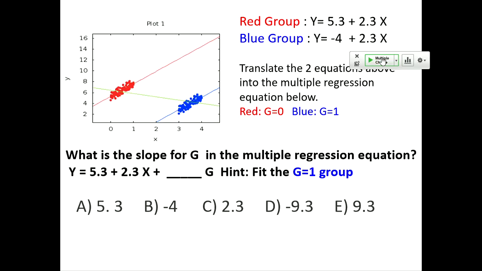Now, what's going to go in here for the G? We know this one. And you want to end up, when G is 1, you want to end up with this. Sorry, this is in your way.